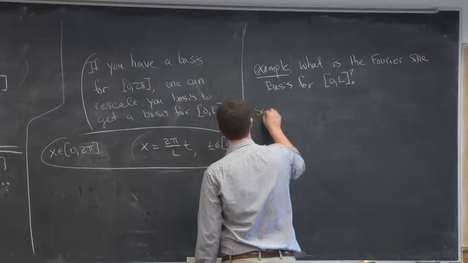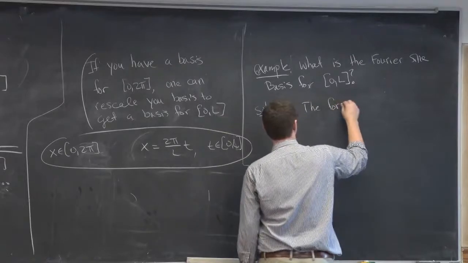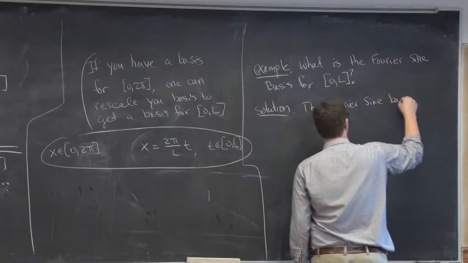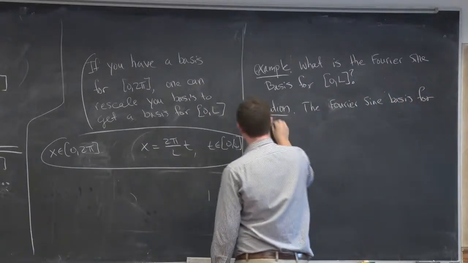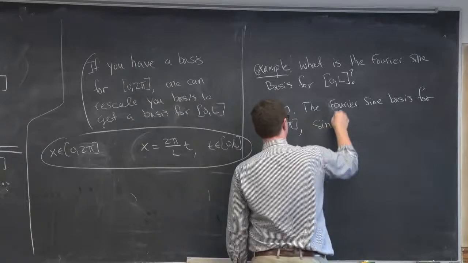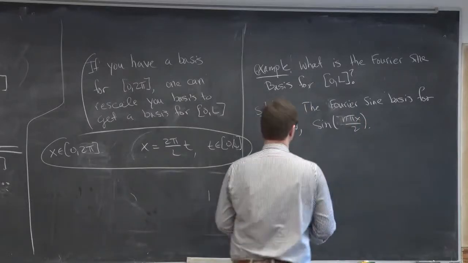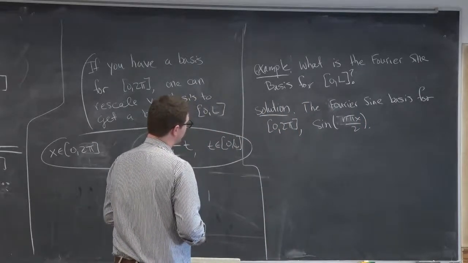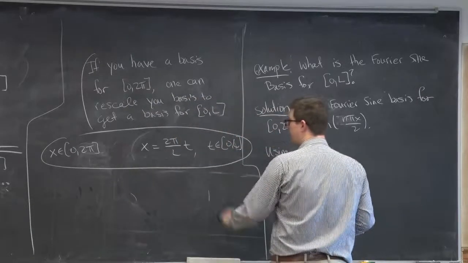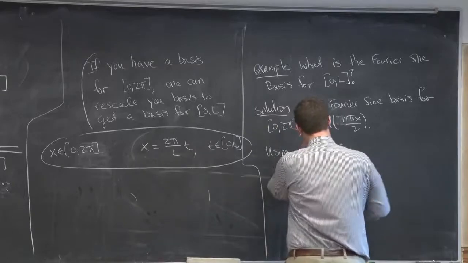So the Fourier Sine basis for this interval here, 0 to 2 pi, right? This is sine of n pi x over 2, like this. Okay? So then what do we do? Using the relation here, x is equal to 2 pi over L t, right?